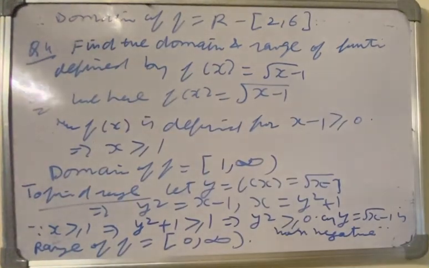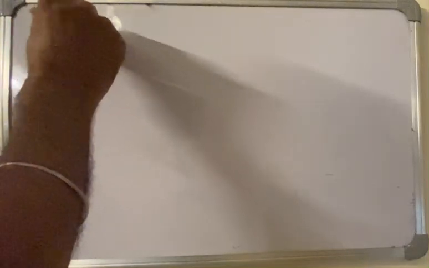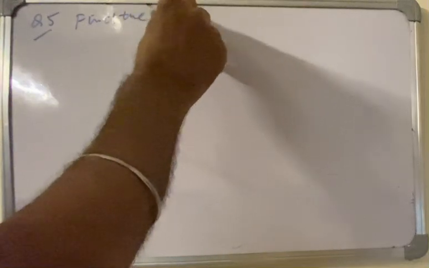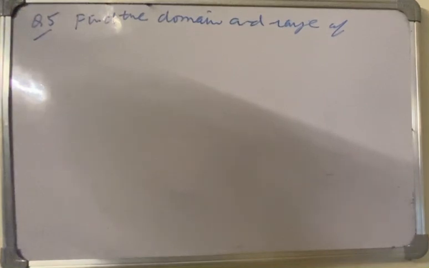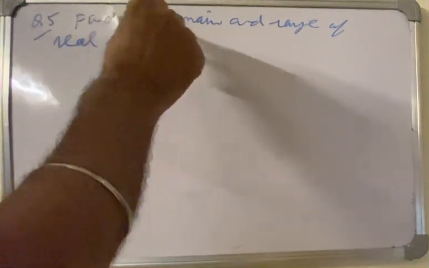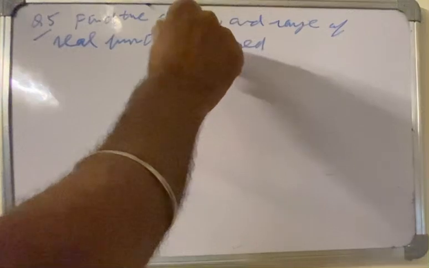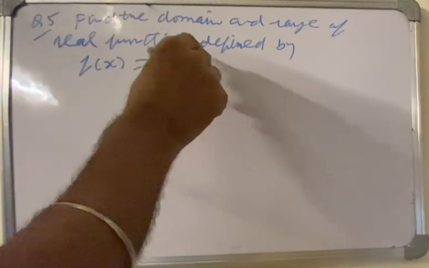Then we take the fifth question. Find the domain and range of a real function defined by f(x) is equal to mod (x minus 1).